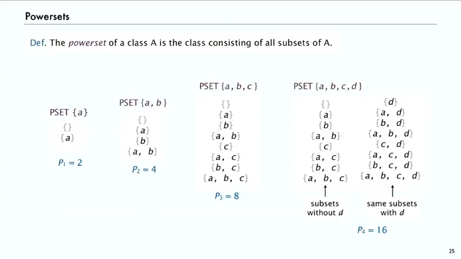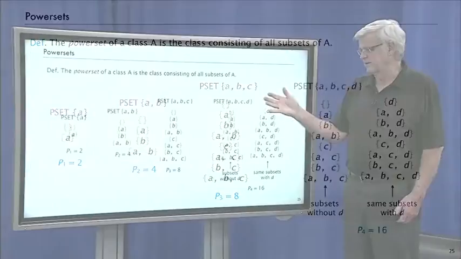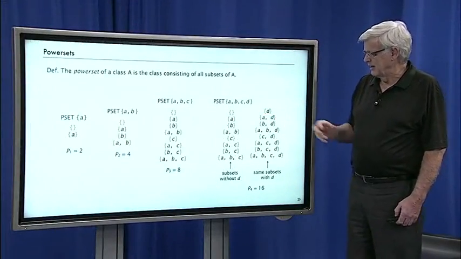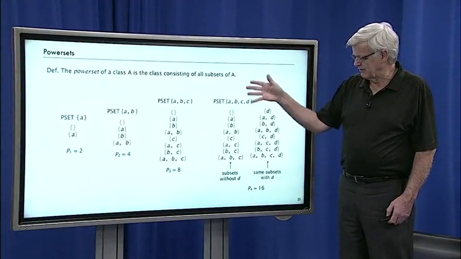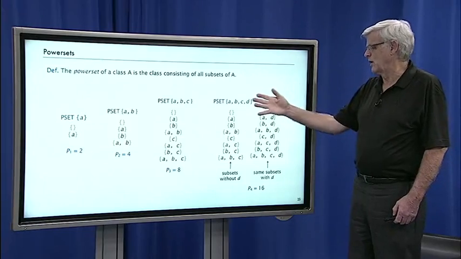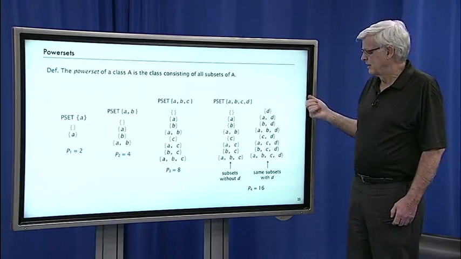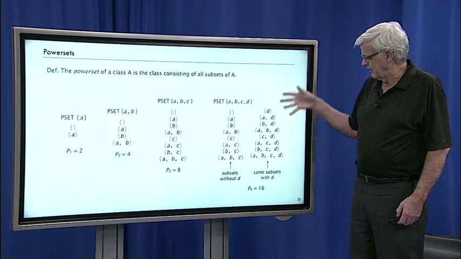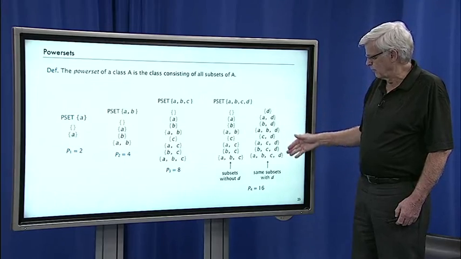So power sets, it's the class of all subsets of A. These are examples when A is simply one atom or two atoms or three atoms or four atoms. For example, if I have all the sets of three atoms and I want all the subsets of four atoms, I just take the ones that don't have the fourth one. And then I take that same list and I add the fourth one to it.